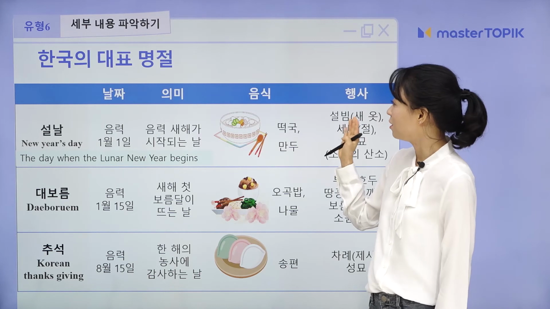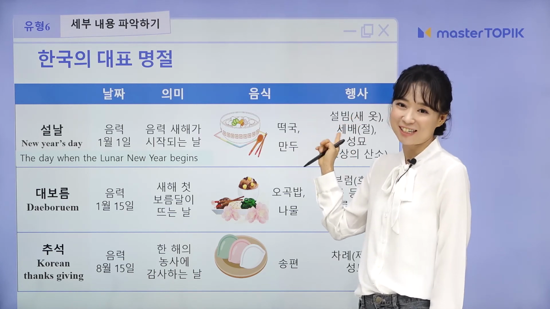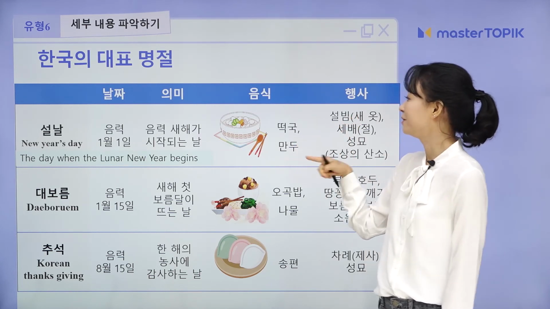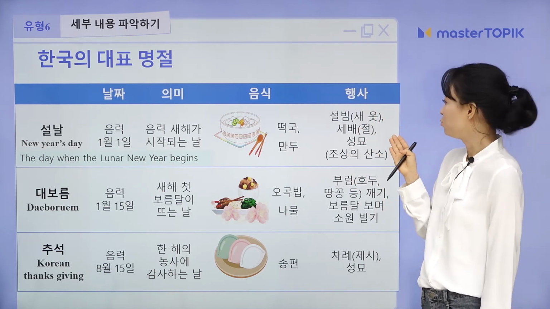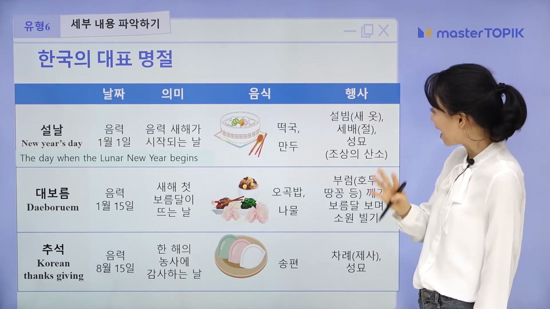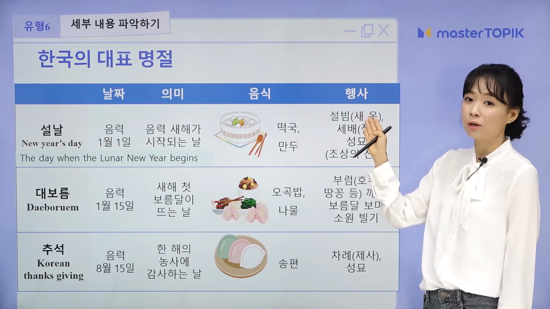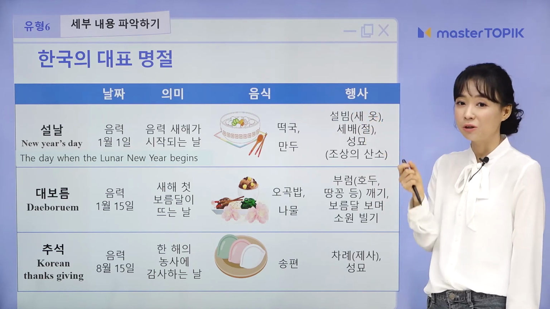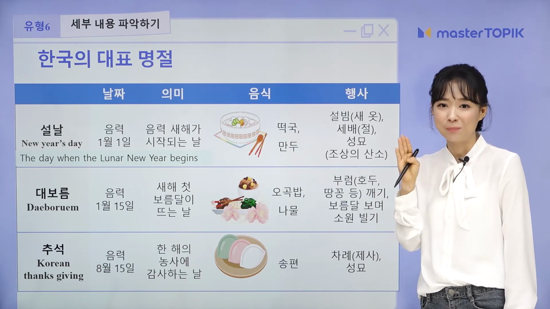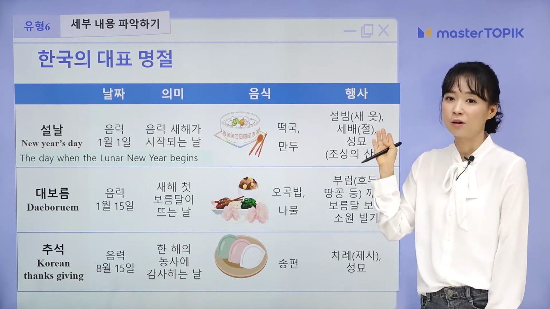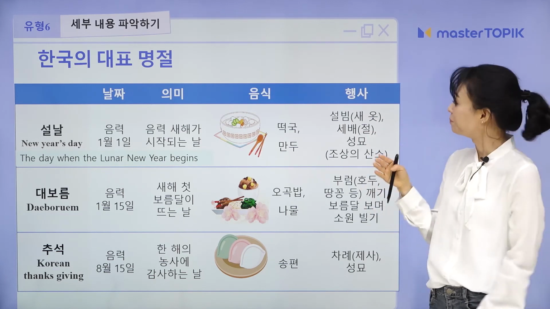And on 설날, we eat 떡국, that rice cake soup, and also 만두, dumpling. And what we do on New Year's Day, we buy and wear 설빔, 새 옷, which means the new clothes. And this new clothes for 설날 is called as 설빔. And 세배, 절. So we bow to elder.